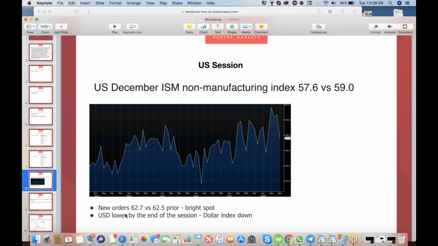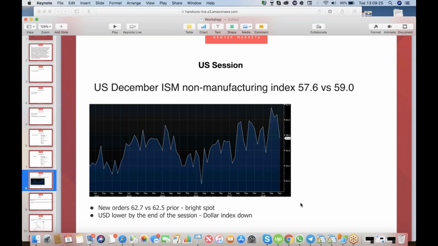The new orders, however, were a slight uptick of 62.7 versus 62.5, a bright spot in the data. So you had a little bit of bad news, a little bit of good news for the US dollar. But by the end of last night's US session, the US dollar index was down nearly 0.5%. So there was general US dollar selling.